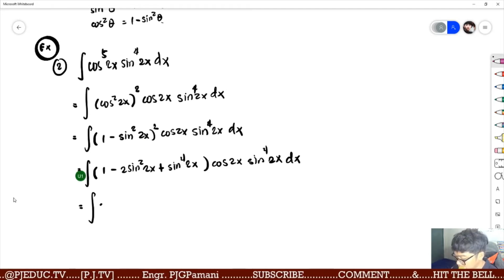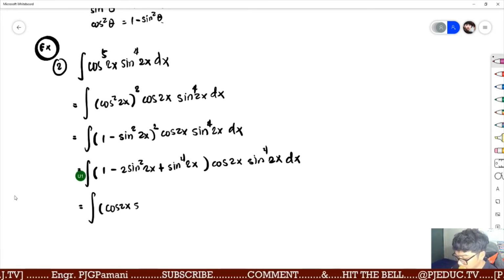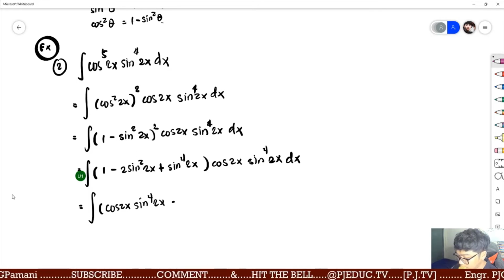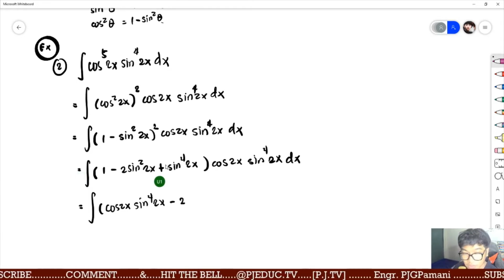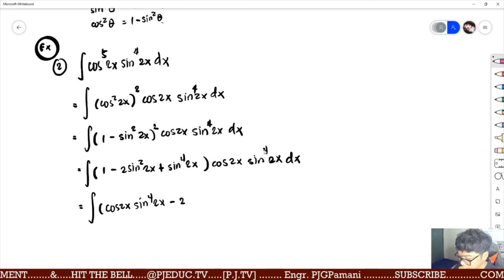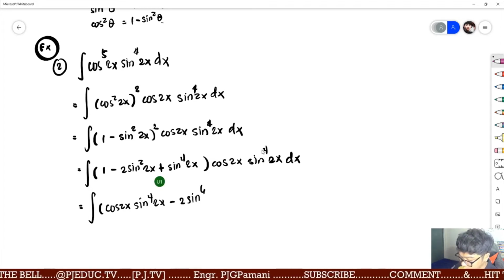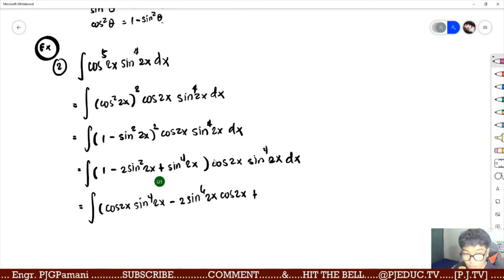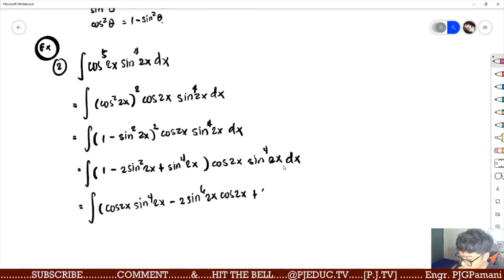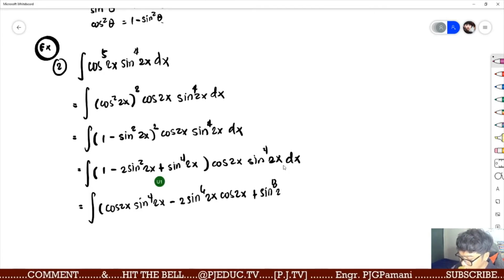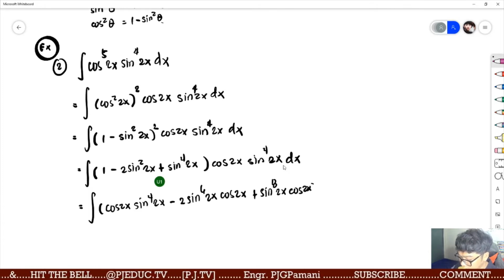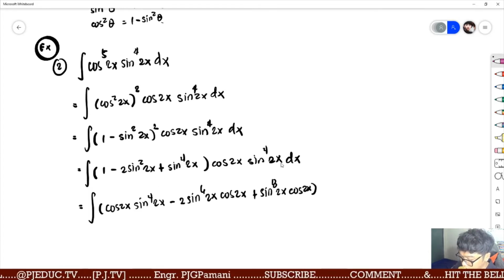So it is now cosine 2x sine 4 2x minus 2 sine squared times sine raised to the fourth, which is basically sine raised to the 6 2x cosine 2x, plus sine raised to the fourth times sine raised to the fourth, which is simply sine raised to the 8th power 2x times cosine 2x, then your dx.